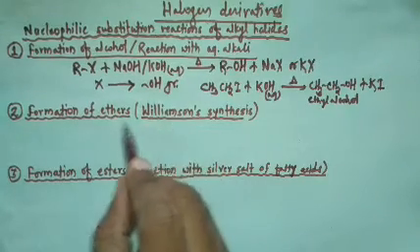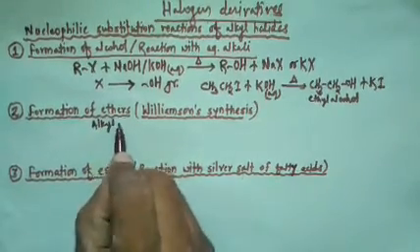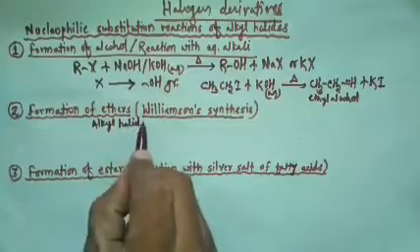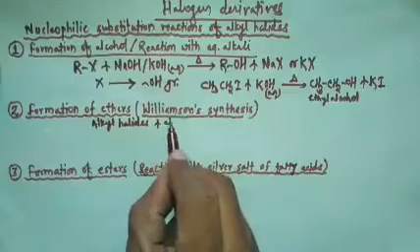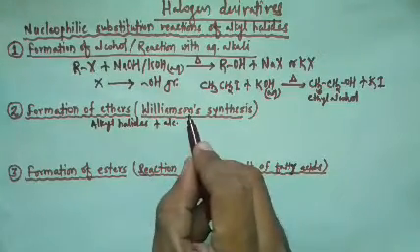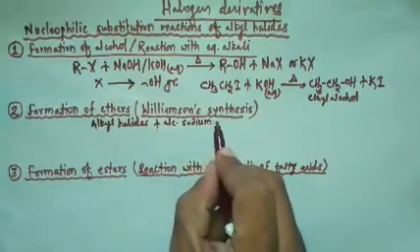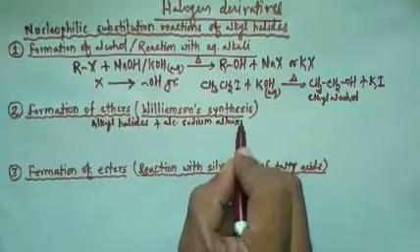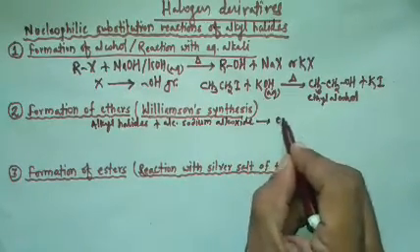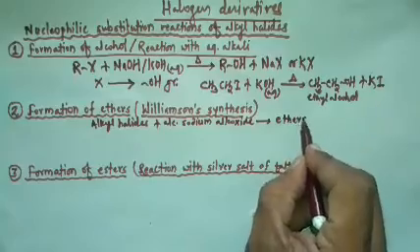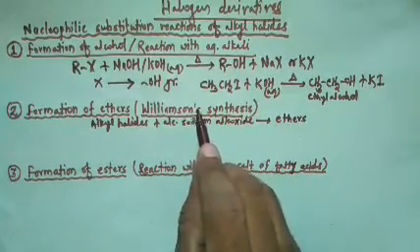So when alkyl halides are reacted with alcoholic sodium alkoxide, then corresponding ethers are formed, and this reaction is known as Williamson synthesis.